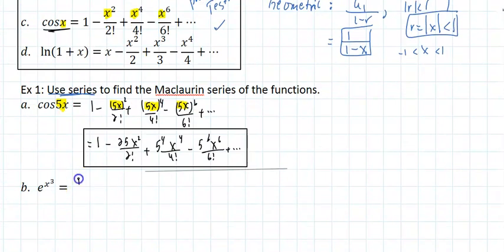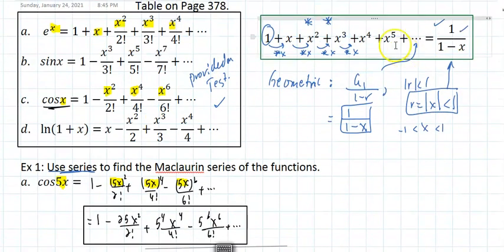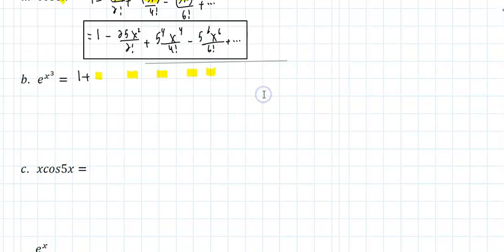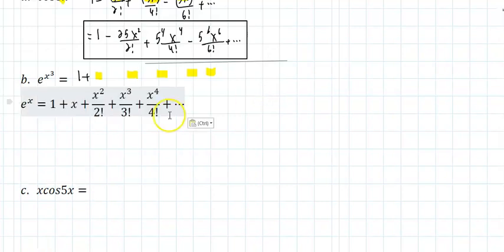So it's going to be 1 plus, instead of x, let me copy that, that would make this easier probably. So assume I have access to this right next to me. There it is. So instead of x, I will have x cubed plus, let me move this down a bit.